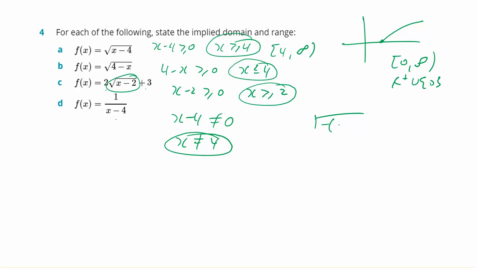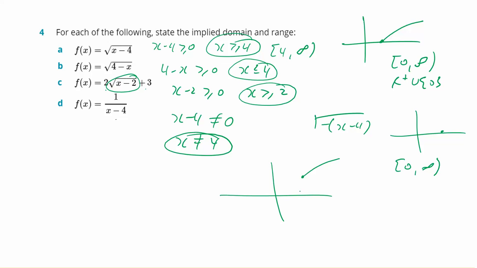So this will become x minus 4, so it's moved 4 to the side, and then it's a reflection. This is the domain, but the range would be, again, 0 to infinity.